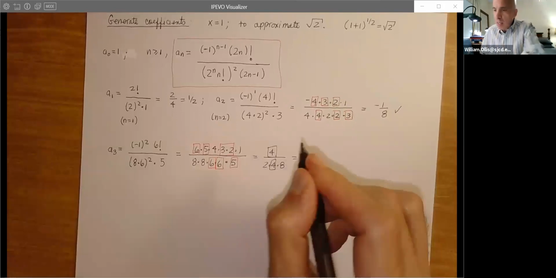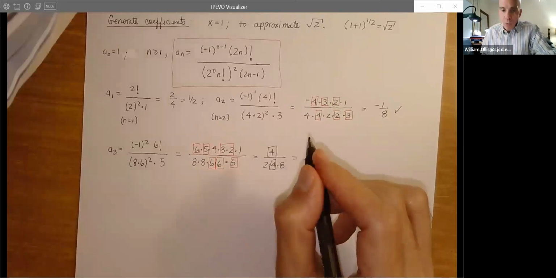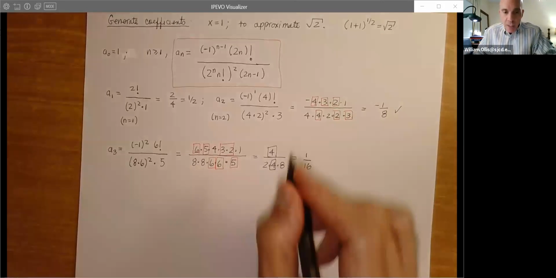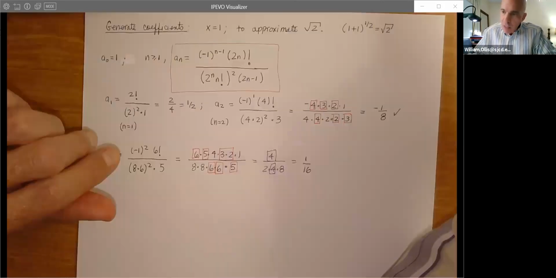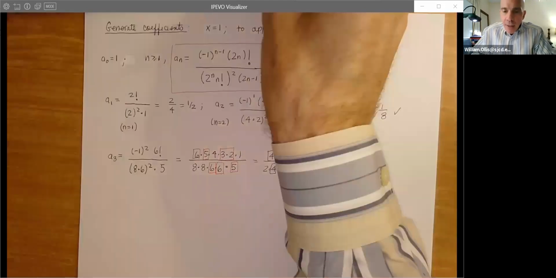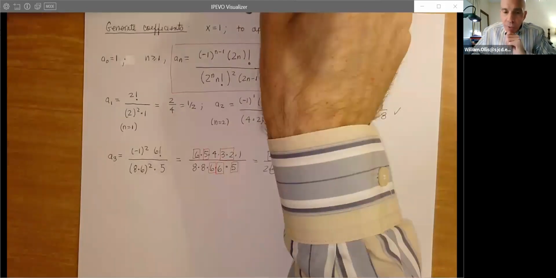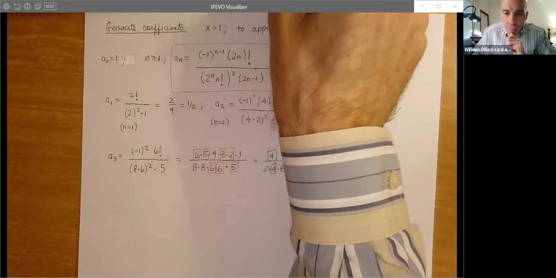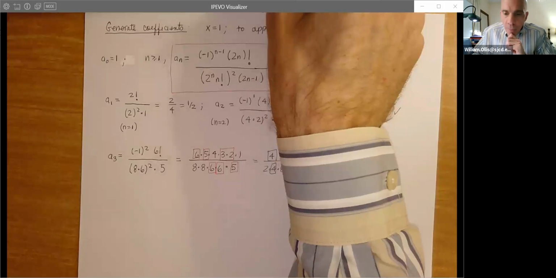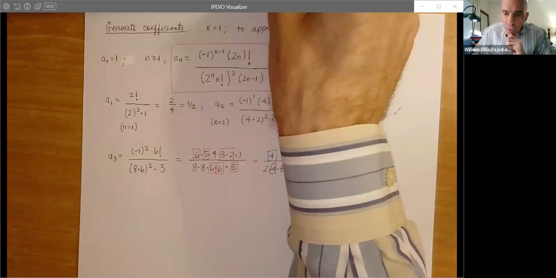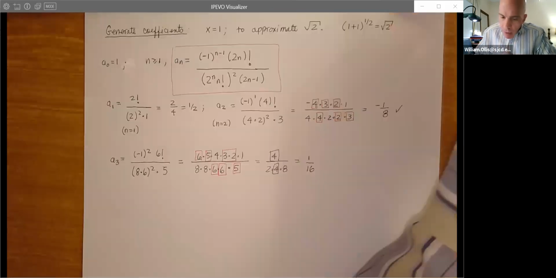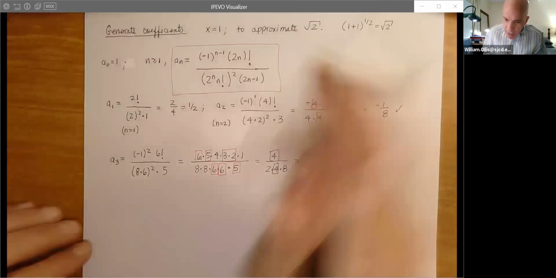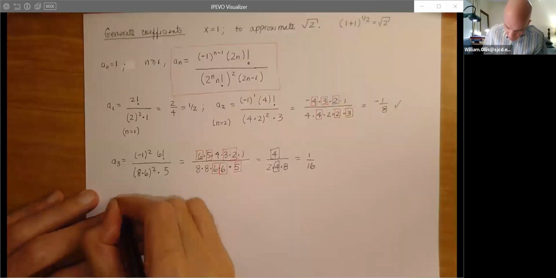Now I've gone ahead and computed a couple more. I computed a sub 4 and a sub 5. Let me check here. Yeah, a sub 4. Let me write this down. I knew I had computed it.